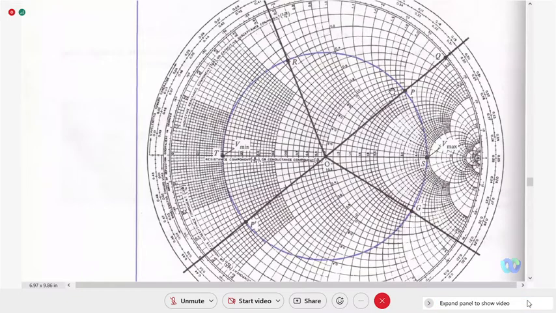So this is the location of the load point: X is equal to 2.0 and R is equal to 1.3.